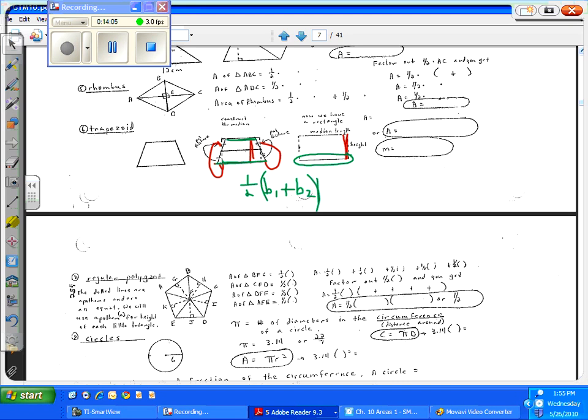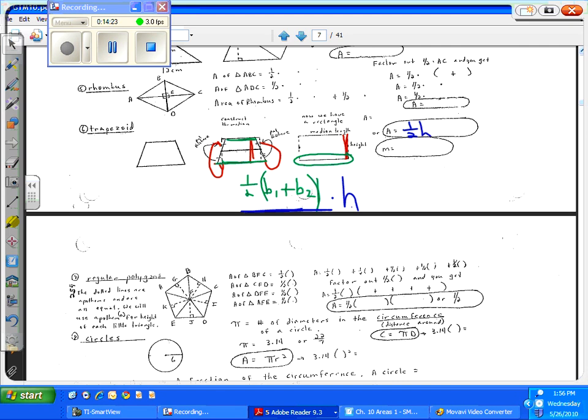So the base of the new rectangle we just created is half the sum of the bases. That would be the base of the rectangle times the height of the rectangle, and so we get 1/2 height times sum of bases.